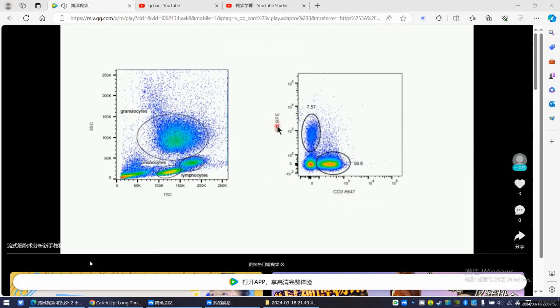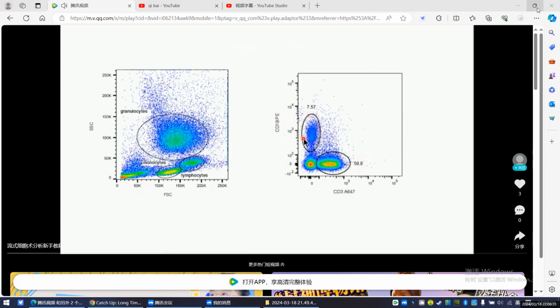On the y-axis we have CD19, meaning we used an antibody against CD19, which was labeled with phycoerythrin or PE. Based on CD3 and CD19, we find some cells which are CD3 positive in this circle, and some cells which are CD19 positive in this circle. This circle tells us the percentage of T cells, and this circle gives us the percentage of B cells.